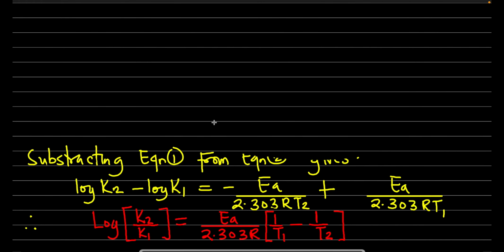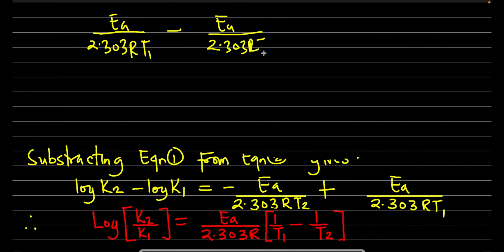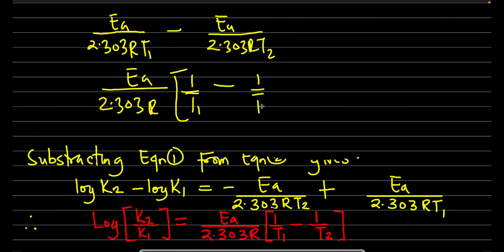This simply becomes EA over 2.303 R. When you make EA over 2.303 R the subject of the formula, this becomes 1 over T1 minus 1 over T2. So that's how we actually arrived at this.